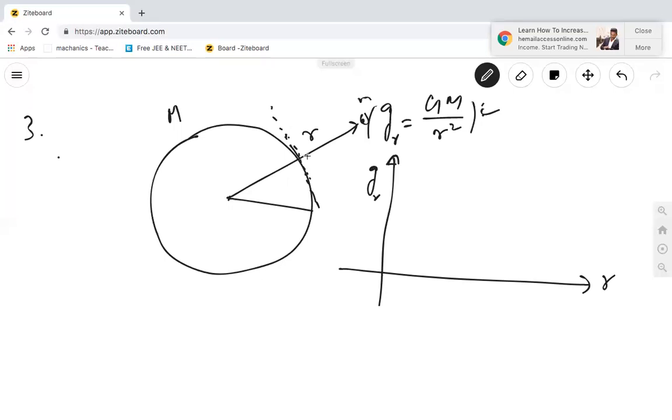When small r is greater than or equal to capital R, it means the object is outside the Earth. The object must be beyond capital R, so it is outside. Therefore, this formula can be used only when r is greater than or equal to R. So the graph starts from r equal to capital R, and it is like this.